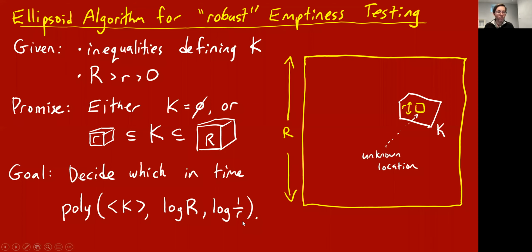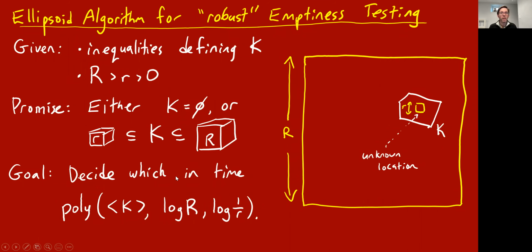Okay, and this was important for solving LPs, as we saw, because in general, the big box constraints, capital R, that you can assume exist without loss of generality, involve taking R to be exponentially large in the number of bits of K. And similarly, the little r that we talked about in the previous few slides, that you can assume exists without loss of generality, is also going to be exponentially small in the number of bits that are used to write down K. Okay, any questions about this?